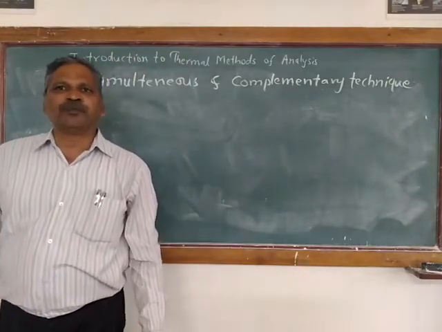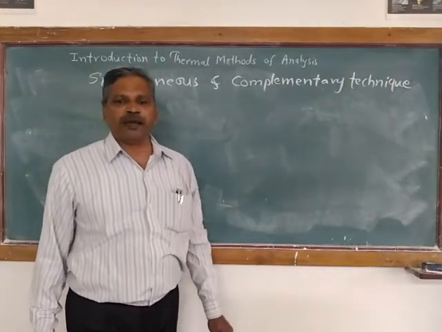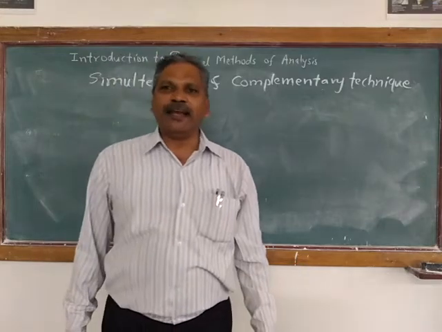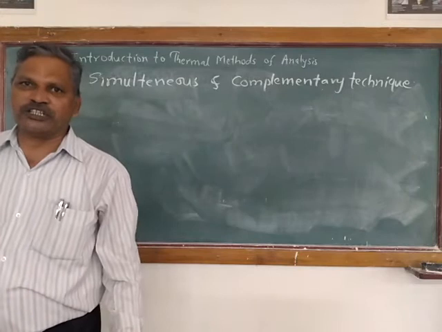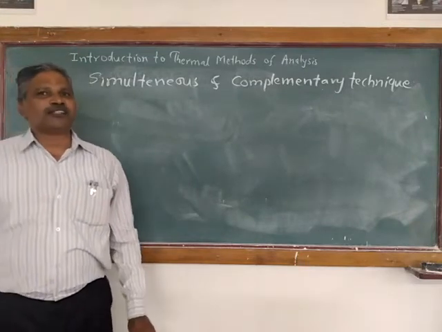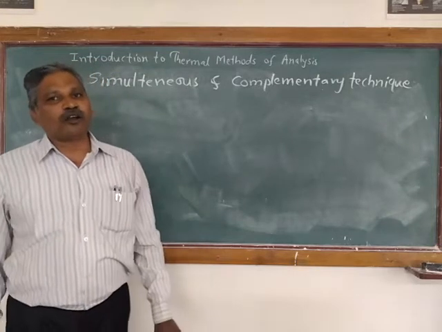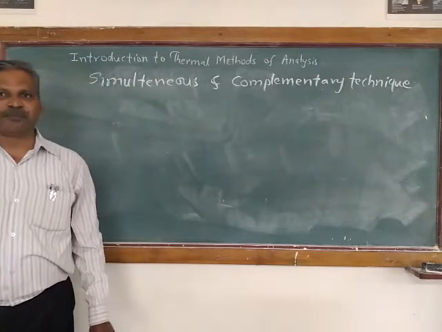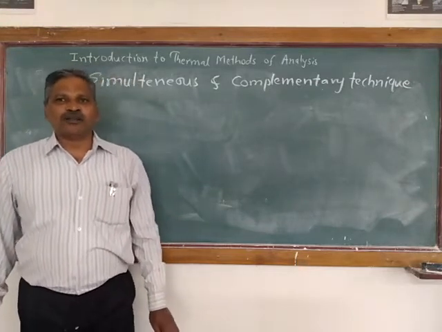For example, a downward peak produced by the DTA experiment means that an endothermic event is occurring over this temperature range. But that does not tell you whether this is a chemical reaction or a physical change such as melting, or whether any gases are evolved.